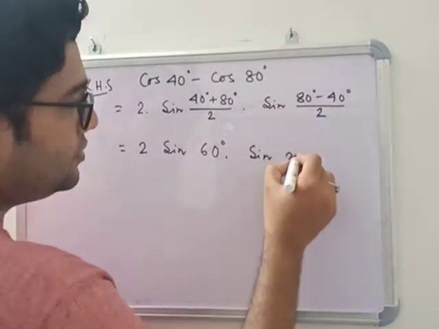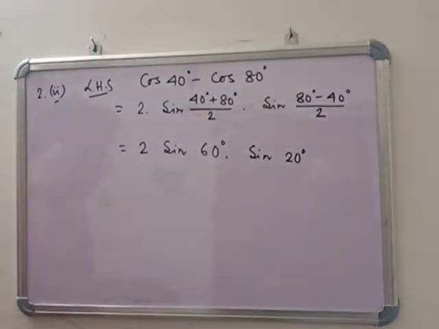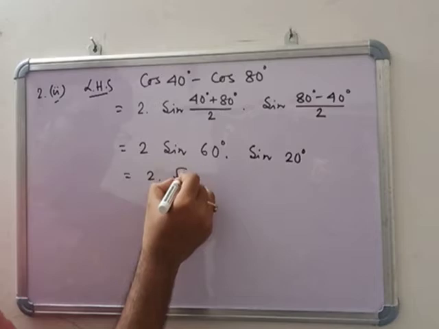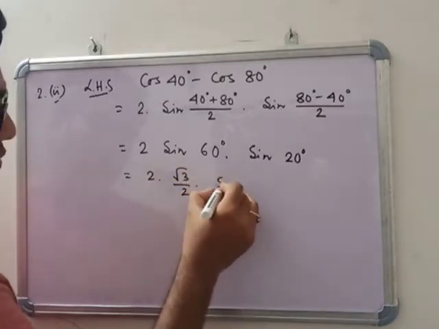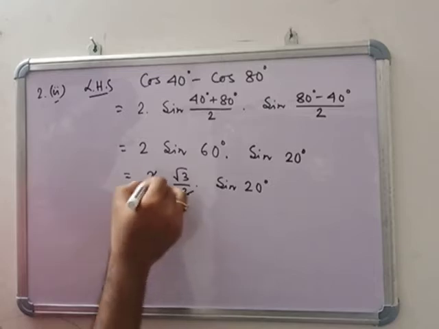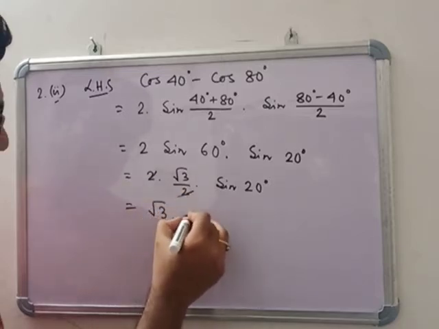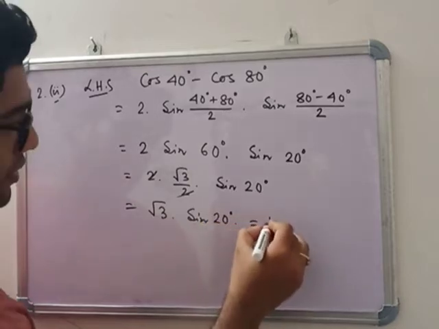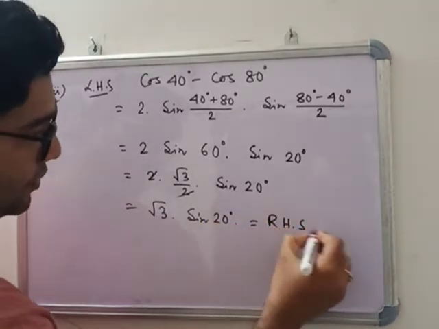Sine 60 means root 3 by 2, so 2 into root 3 by 2 into sine 20 degree. That means the 2 cancelled, so root 3 sine 20 degree, which is the given RHS.